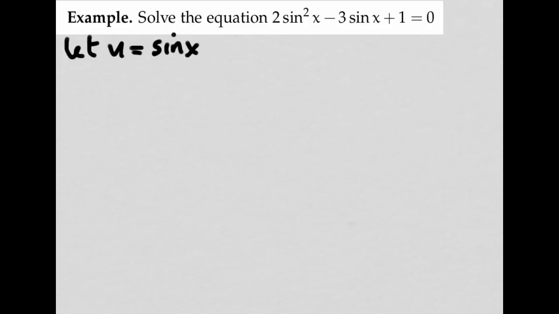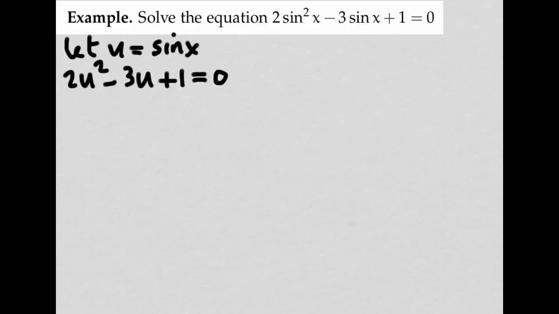And with that, our equation becomes 2u squared minus 3u plus 1 equals 0. To solve this quadratic equation in u, we can factor first. And to do that, we need two numbers that multiply to 2 and add up to negative 3. Well, negative 1 and negative 2 do the trick. They multiply to 2, add up to negative 3.